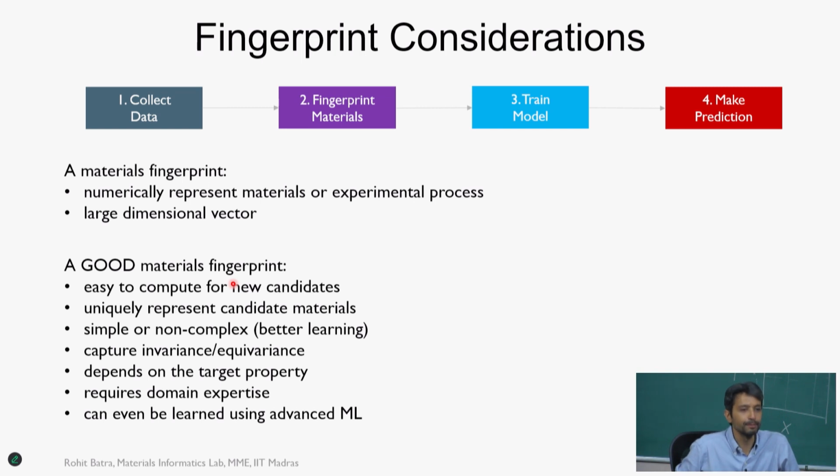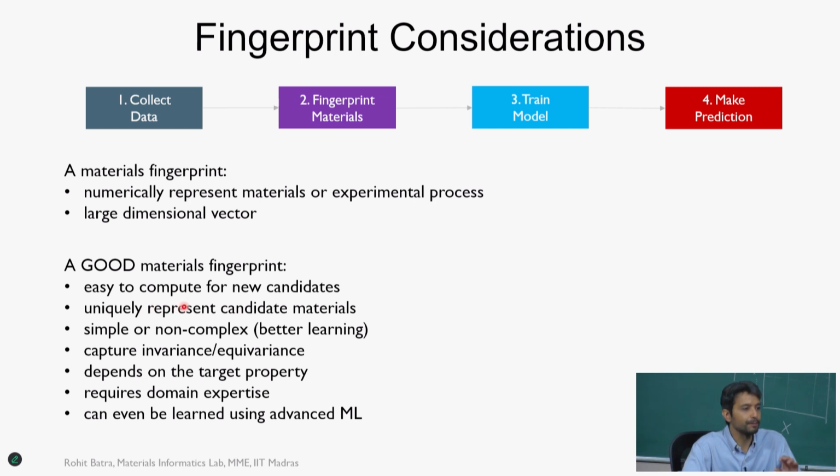So it defeats the purpose of doing machine learning in a very high throughput manner. Okay. So you always want to consider those fingerprints which are very easy to compute. Something based on atomic structure, things like that, atomic bonding. These are things which can be easily computed.